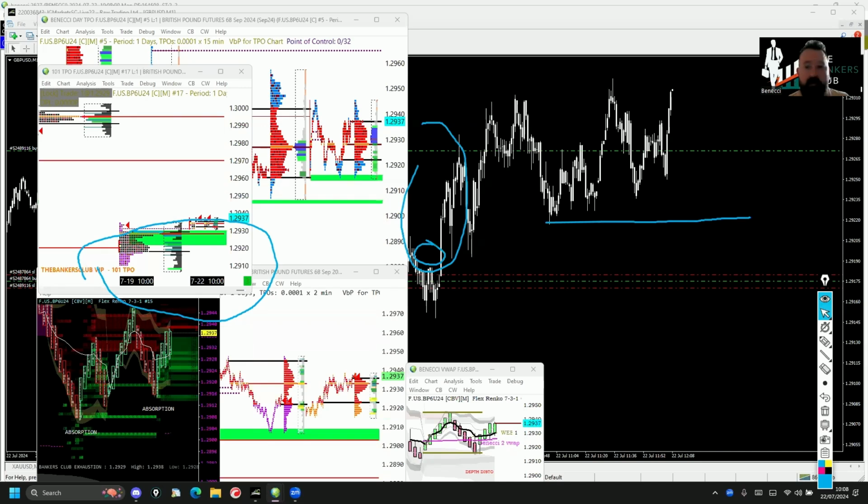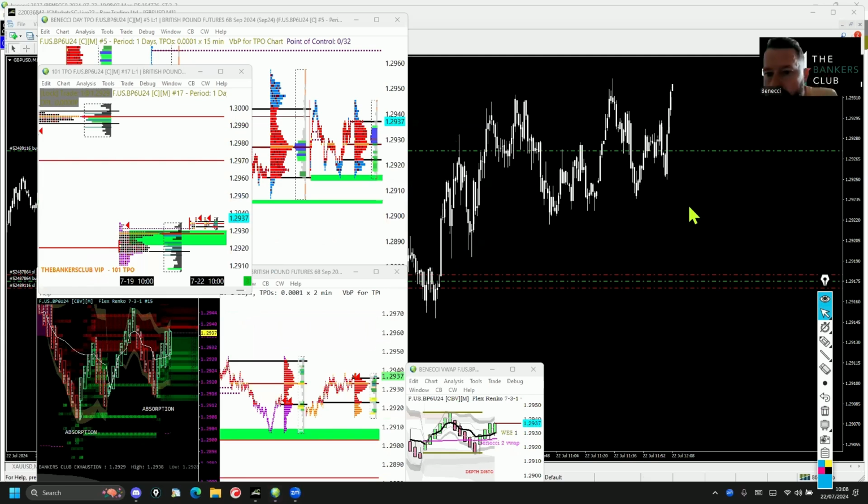And as you can see now, we're starting to auction a little bit higher. It's going to be my stop loss 5 pips higher.